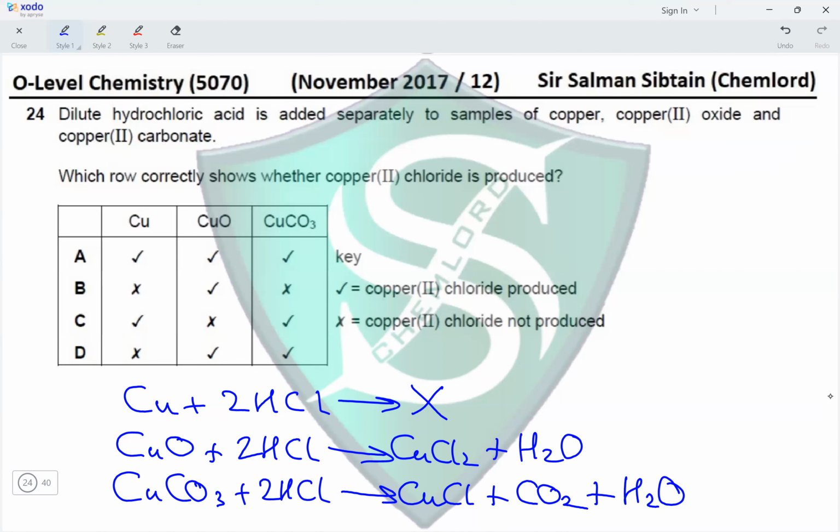Out of the given options, copper is not reacting in options B and D. This eliminates options A and C. For copper oxide, both show that it is reacting with HCl, and for copper carbonate, B shows it is not reacting and D shows it is reacting, making D the correct option for this question.